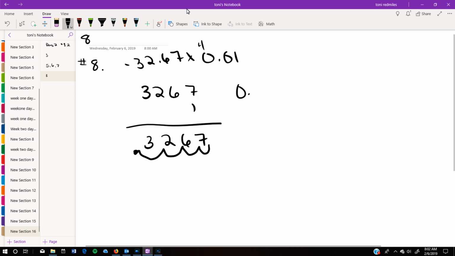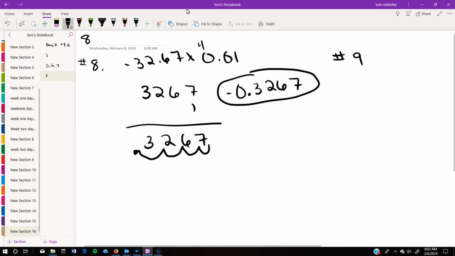So this is going to be 0.3267. Positive number, negative number, it's going to be negative. Remember in class, we talked about when things were going to be bigger than the numbers, smaller than the numbers, so be applying that so you can check yourself.